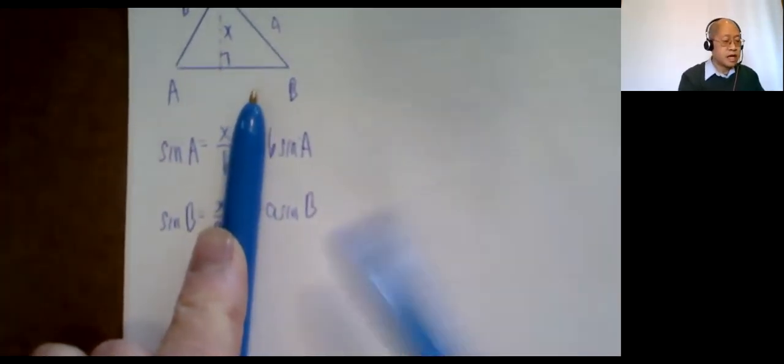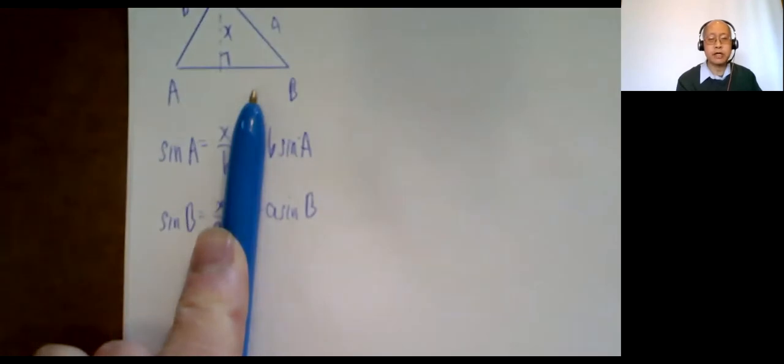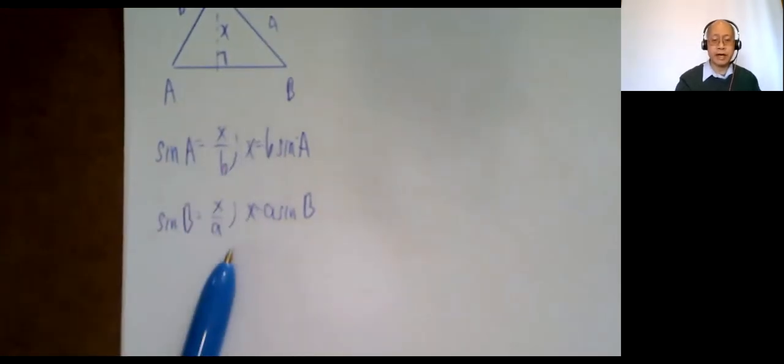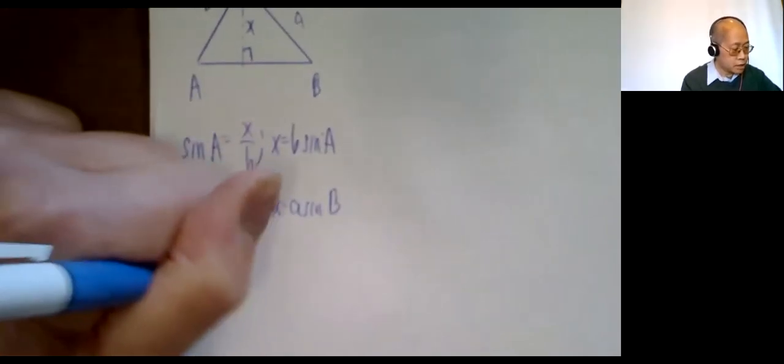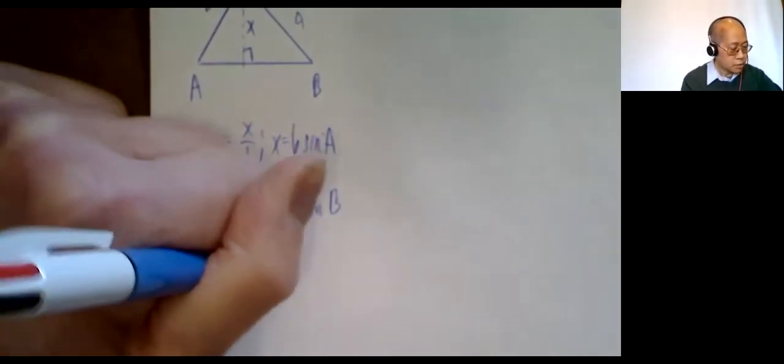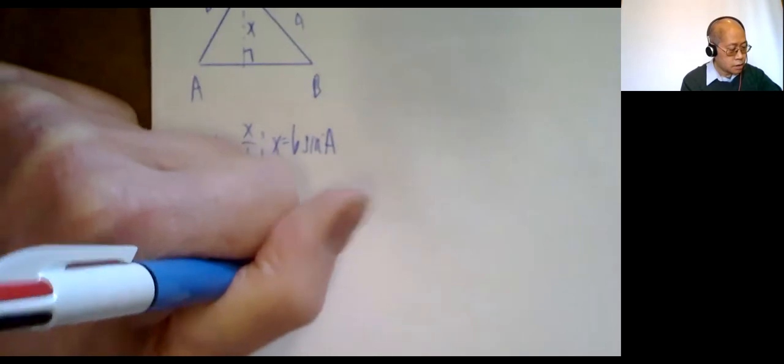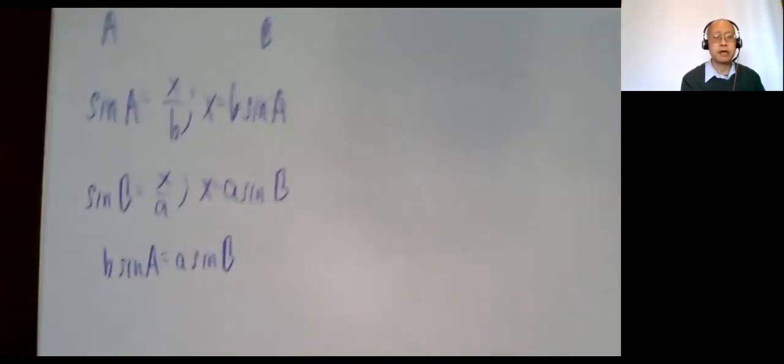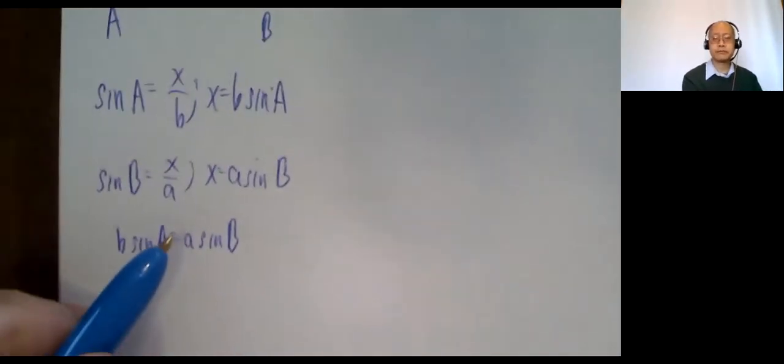So I claim that b sine a and a sine b are equal to each other. How come? Because they're both equal to x. Does it make sense? So b sine a equals a sine b.